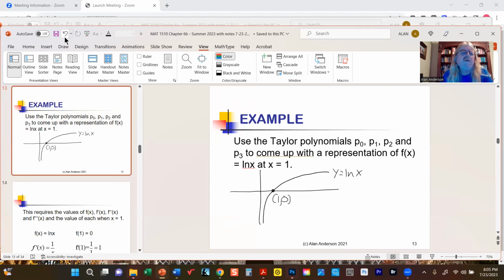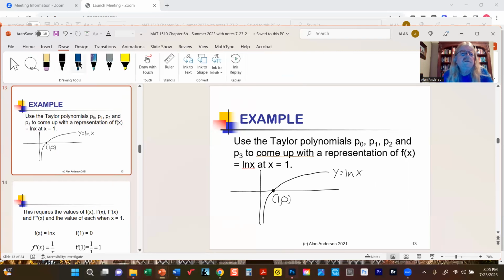We're trying to come up with a polynomial that gets really close at that point. Like this blue line could be a Taylor polynomial, and it is meant to get very close to the function, at least at this one point. I mean, it might get close at other points, but that's the one that we're interested in. That blue line is what we're trying to estimate with our Taylor polynomials.